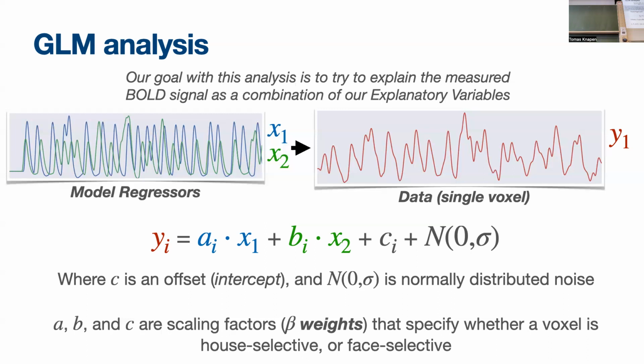And for example, B is low, so the green time course needs to be scaled by a low number. So I have a large beta weight for the blue, a small beta weight for the green. These beta weights relate to whether a voxel is a house or face voxel. This pattern would reverse if it's not a house voxel, but a face voxel, for example.